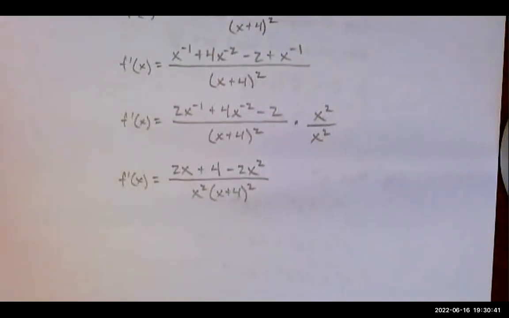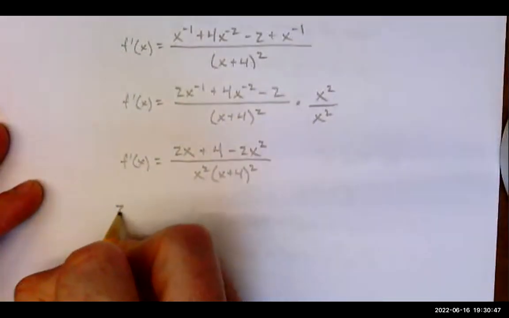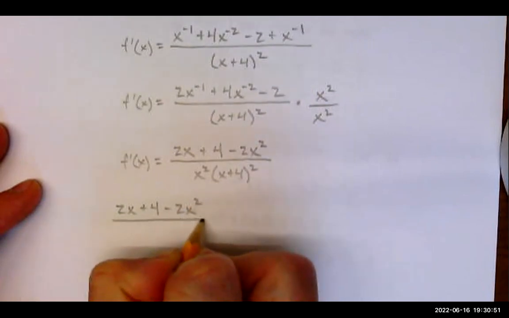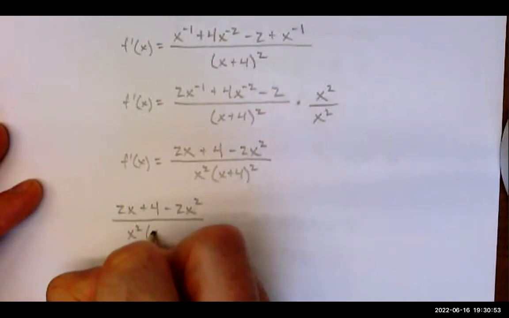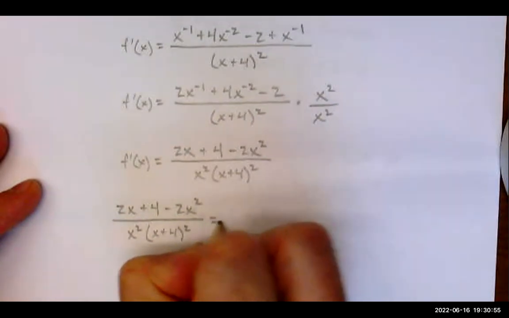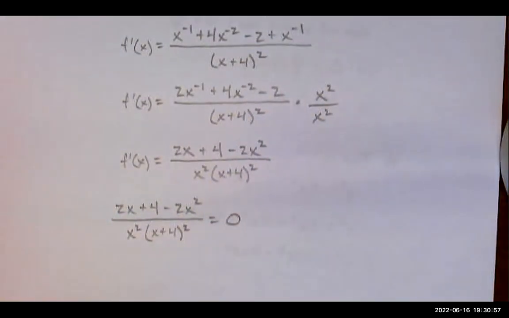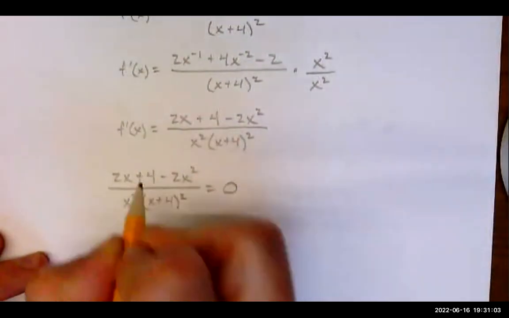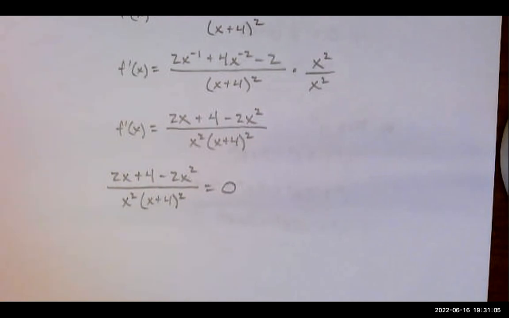I think we're ready to set this equal to 0 and solve. 2x plus 4 minus 2x squared over this denominator equals 0. Where does our derivative equal 0? Now this looks like kind of a beast, but it's actually not nearly as bad as it looks at first.